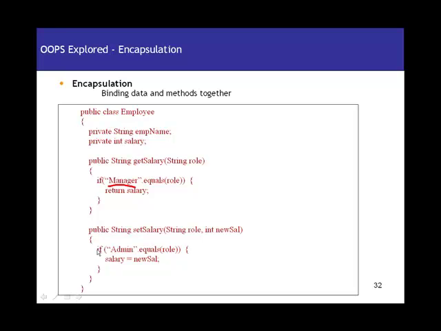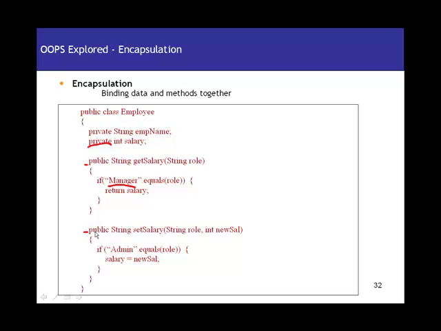So here, can anyone directly access the salary attribute from outside this class? No. Why? Because I've marked it as private. The only way they can access the salary is using the public getter and setter methods, right? So this is how you actually implement encapsulation.